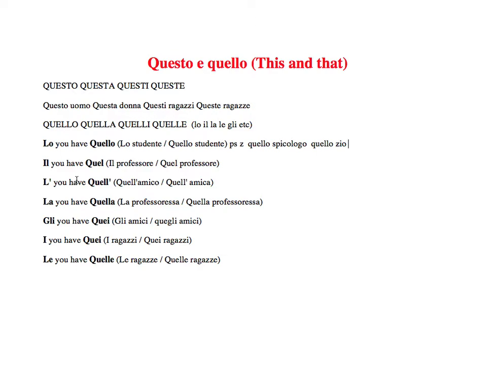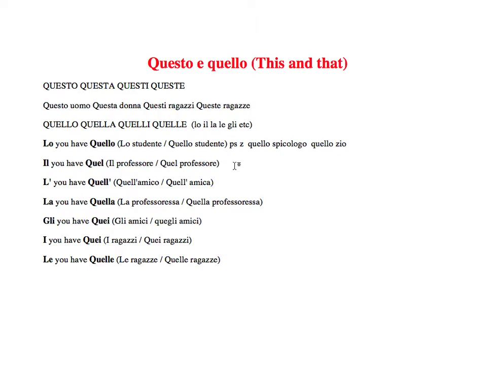Okay, so now let's see when you have to use quel. You use quel when you use il. So if you have to say that professor, you will use quel, because in front of professor, you will use il professore.